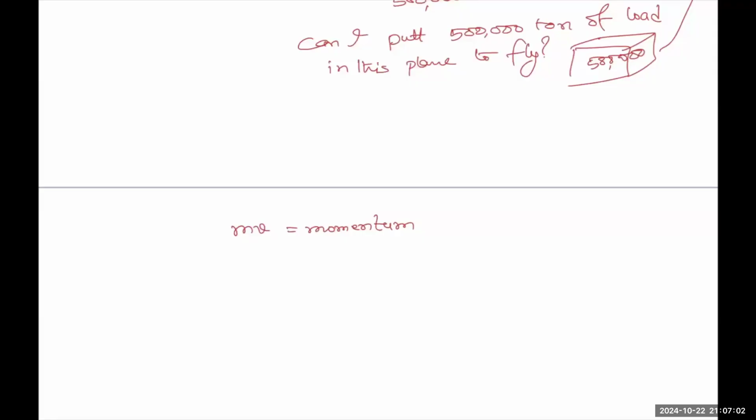So now let's see. If I say M1 V1 and another one is M2 V2, and we said these two momentums are equal. Let's say here M2 is greater than M1. If M2 is greater than M1, what is the relation between V1 and V2?